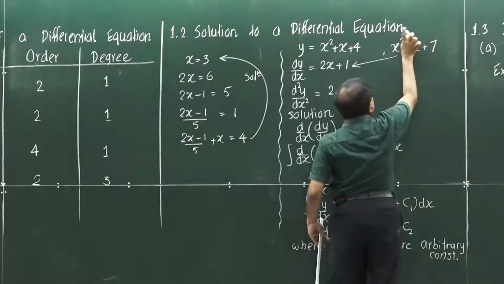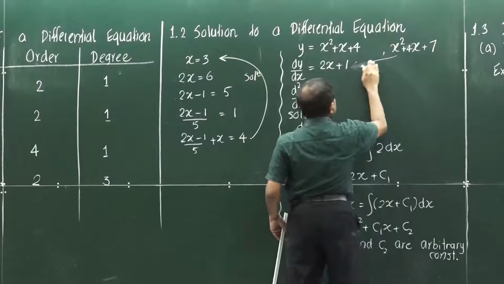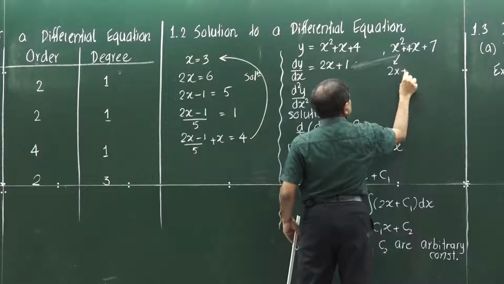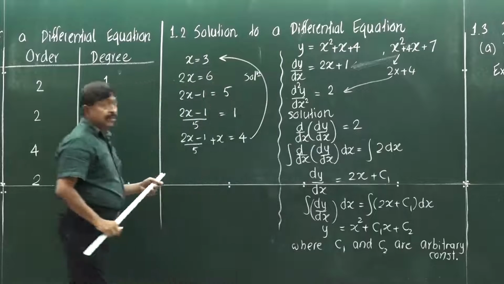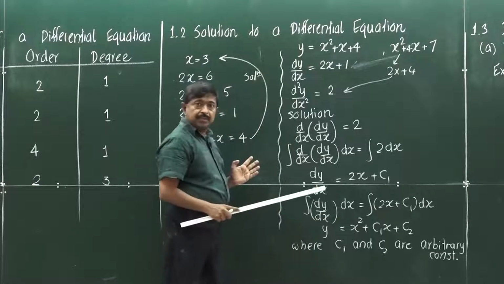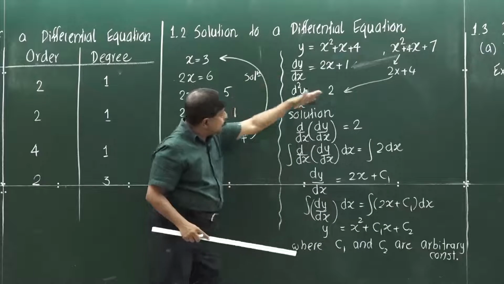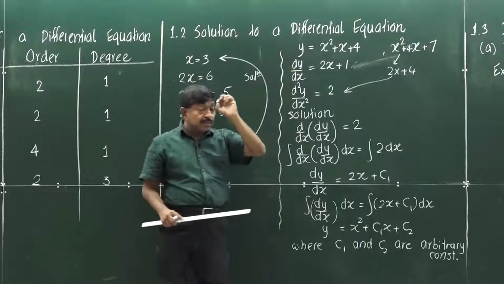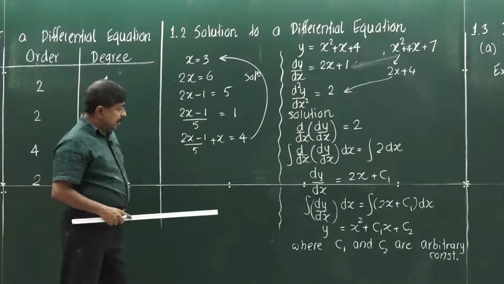If you have for example 4 here, the first derivative would be different, 2x plus 4, but still the second derivative will be 2. So, that is why this will cover all possible such functions that will give you 2 as the second derivative, not the special function that you have selected. That is the difference, right.